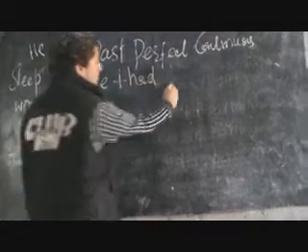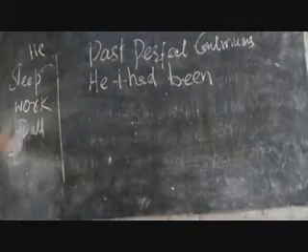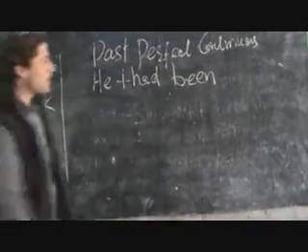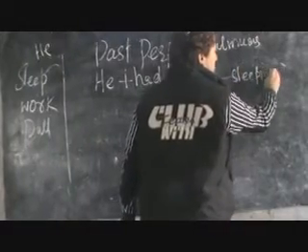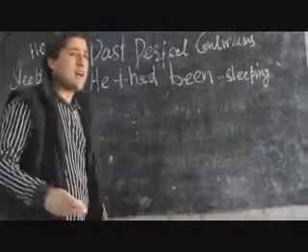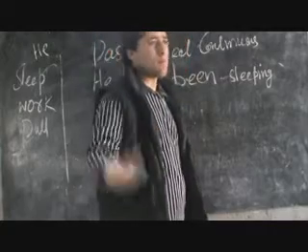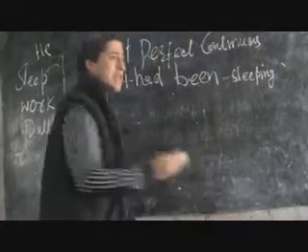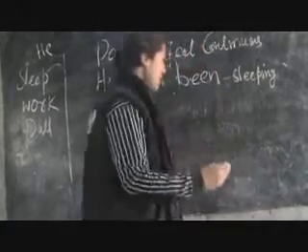So the inform of sleep becomes sleeping. So we have to say here, he had been sleeping since morning, or he had been sleeping there. The right use of the tense we will see in later lessons. But here we will not use since or for, as it will not make sense.